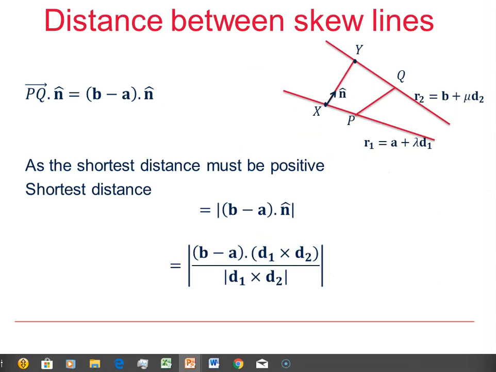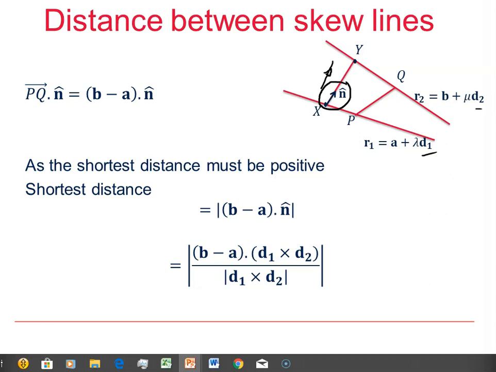Now I want to emphasize that it's this method rather than the actual formula at the end which is important. So what we did, we looked at the direction vectors of the two lines d1 and d2. Their cross product d1 cross d2 gave us the direction of the line XY, and hence a unit vector was given by that cross product divided by its length.